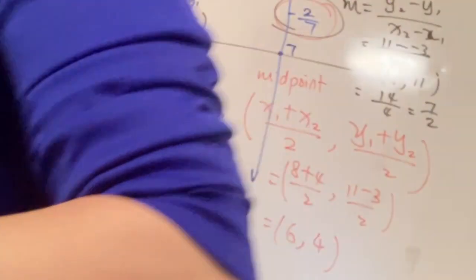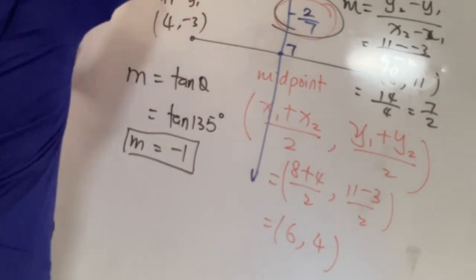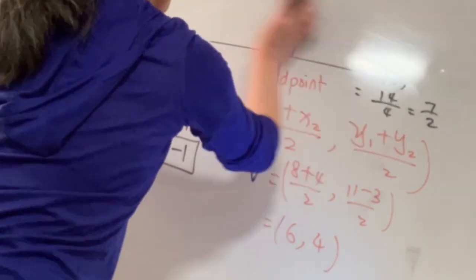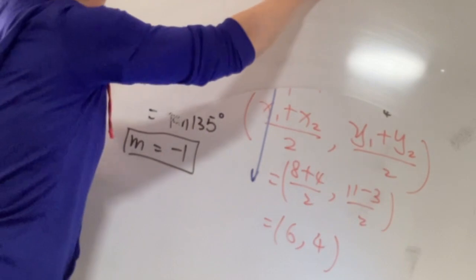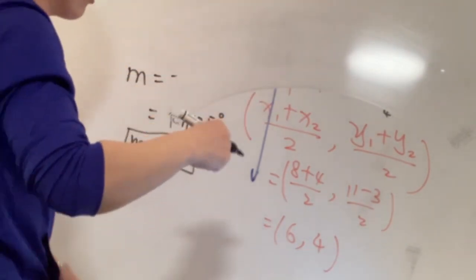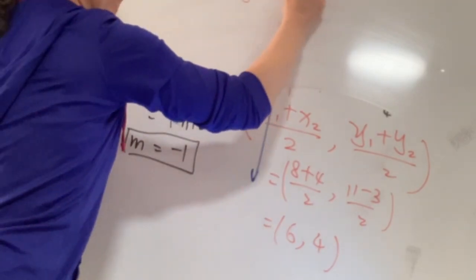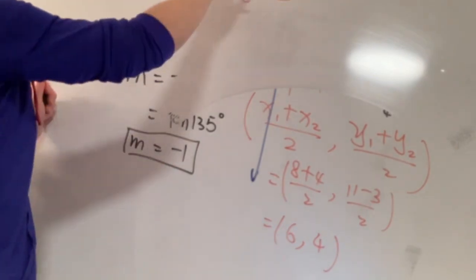I don't really get these two. Okay, so the equation is passing through this point and perpendicular to that line. First I want to find the gradient of this one. So you have 3x minus 2y equal to 5. Rearrange this equation into y equal to mx plus b, because I want to find what m is.